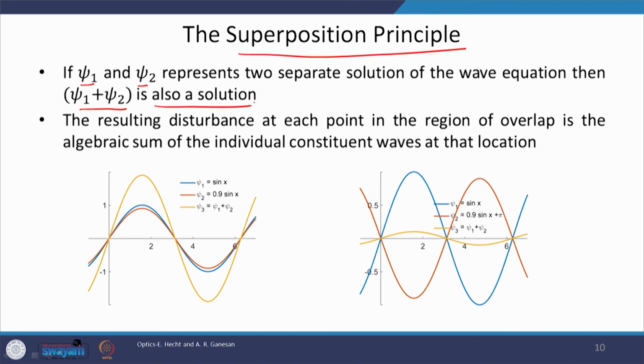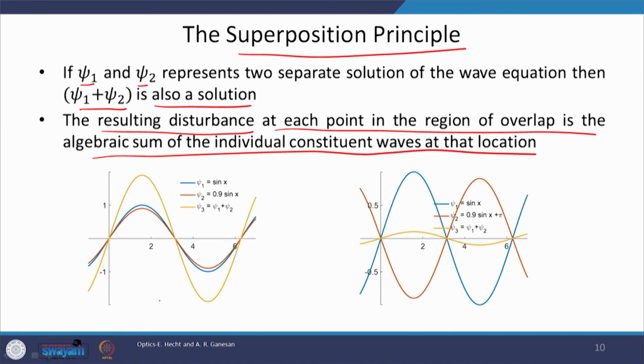Or we can say that if psi 1 and psi 2 are two disturbances which are overlapping in space, then the resultant disturbance would be the addition of the two, and this is what is being written here: the resultant disturbance at each point in the region of overlap is the algebraic sum of the individual constituent waves at that location.